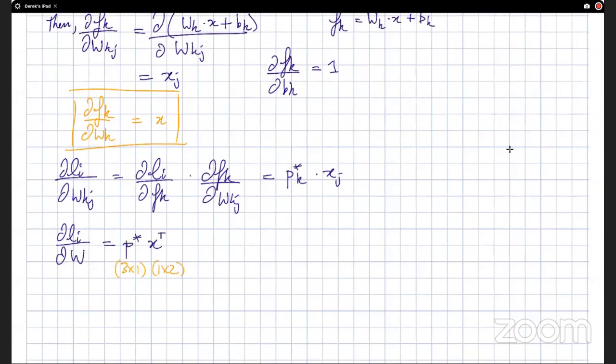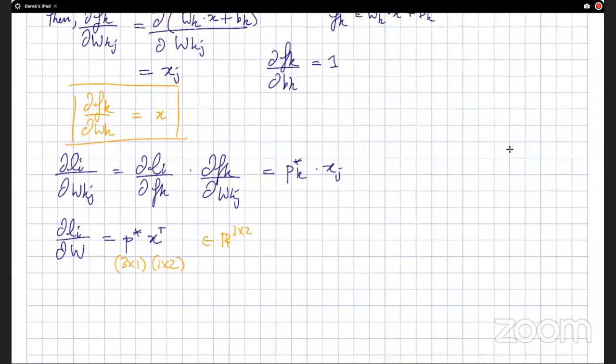Then this is going to be a R 3 by 2, and W is indeed a 3 by 2 matrix. Any questions so far? Should be fine.